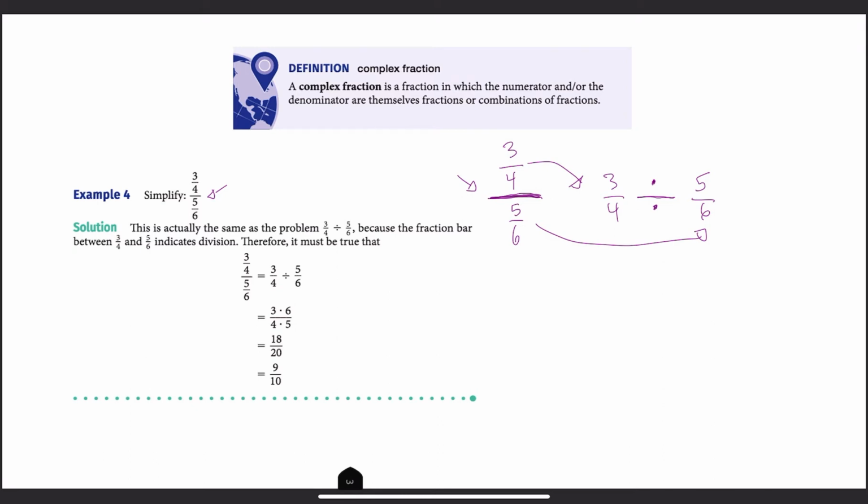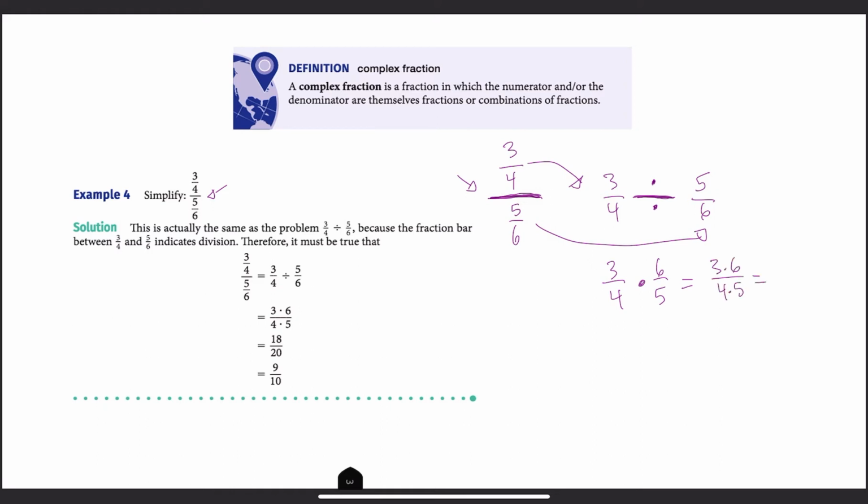So now we've written the primary operator as a division symbol. Now, instead of dividing fractions, what should we do? We should multiply by the reciprocal of the second fraction. So I'll turn this division into multiplication, and I'll flip the second fraction. Now I can multiply straight across. So that's 3 times 6 over 4 times 5.